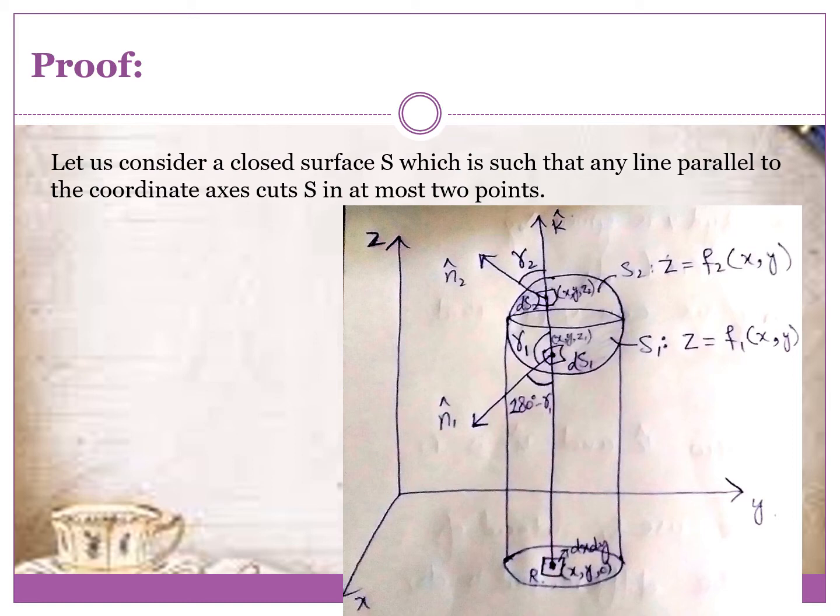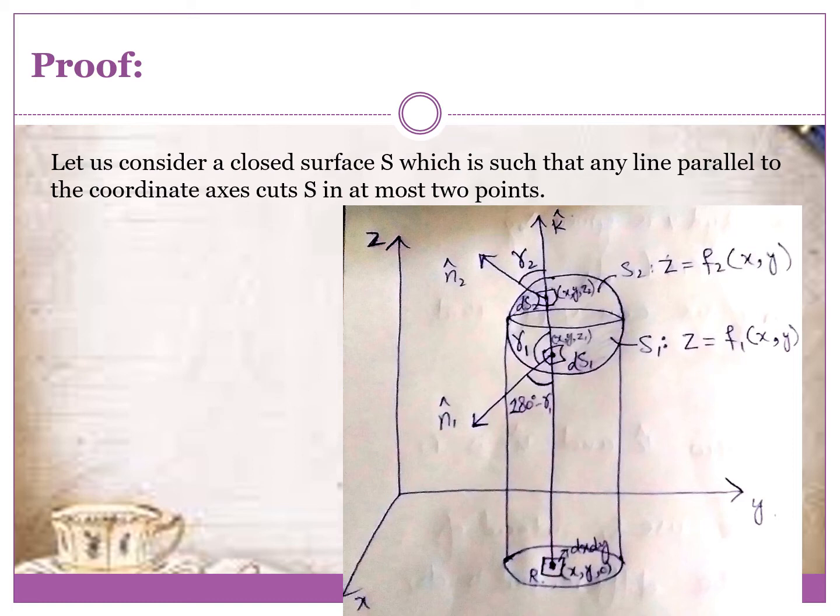Now, what does the first line mean? If we draw a line parallel to the z-axis from a point located in the xy plane, then this line meets the surface S at 2 points.